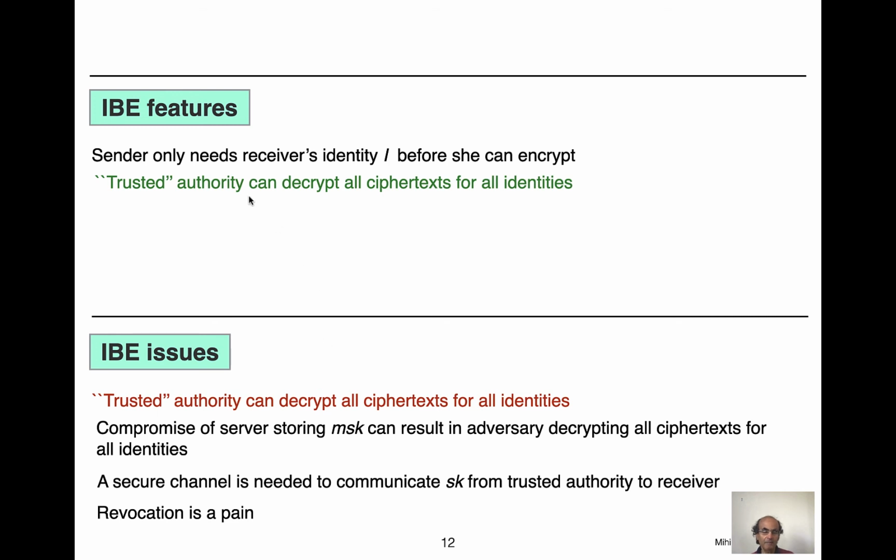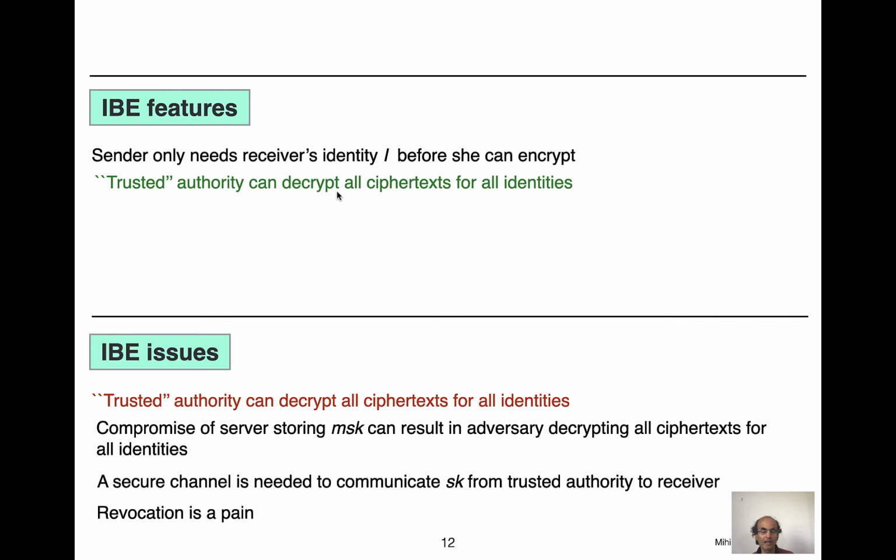So the benefit of IBE is that when the sender encrypts something, it doesn't need a certificate for the receiver or a public key for the receiver. It just needs an identity like an email address. And that makes the key management aspects simpler.